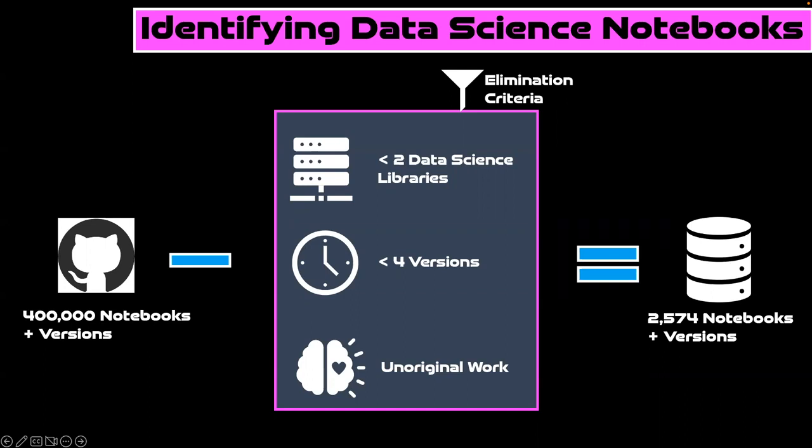Second, to ensure that we could observe substantive changes to notebooks within versions, we eliminated notebooks with fewer than 4 commits. Third, to ensure that we were observing unique changes in notebook versions, we eliminated notebooks that were not changed by the repository owner. We were able to select a total of 2,574 notebooks after applying these filters.